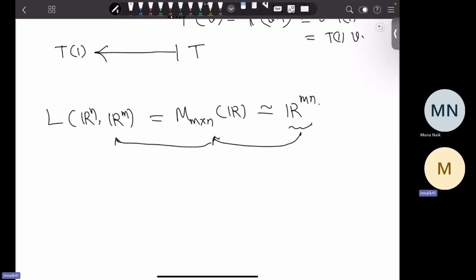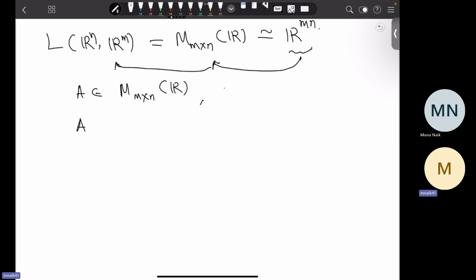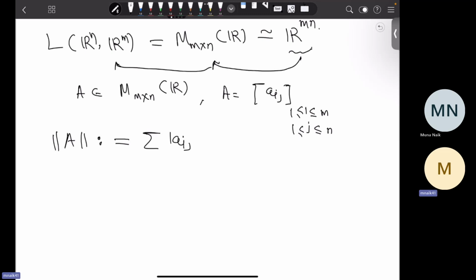So if A belongs to M(m cross n)(R), with A equal to (a_ij), i from 1 to m and j from 1 to n, then the norm of A can be defined as the sum over i and j of |a_ij| squared, to the power half, where i varies from 1 to m and j varies from 1 to n.